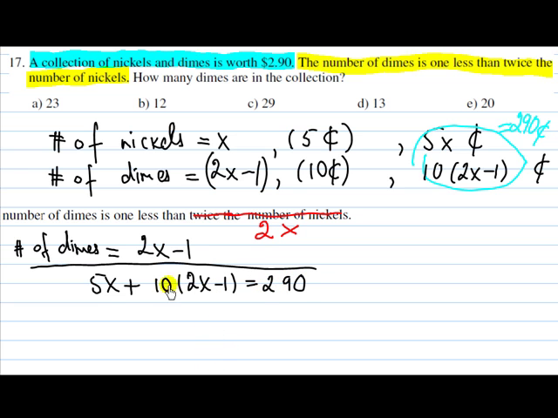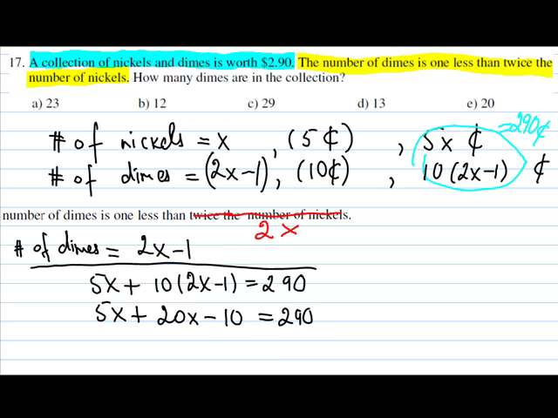And to solve this, first we will distribute. 5x plus 10 times 2x is 20x, 10 times minus 1 is minus 10, equals 290.